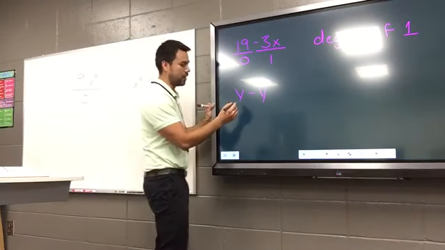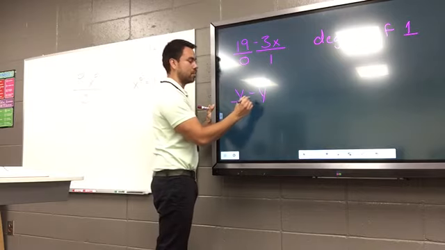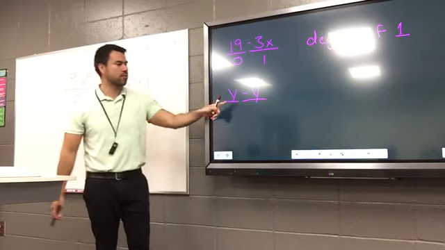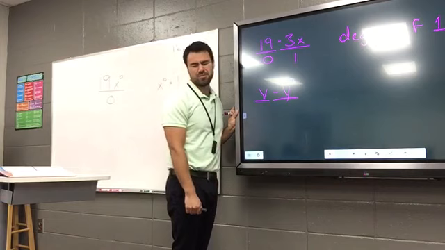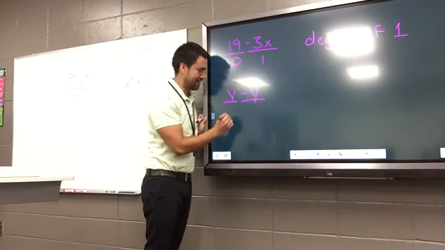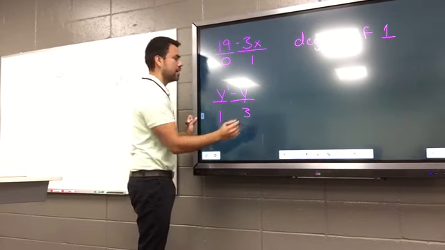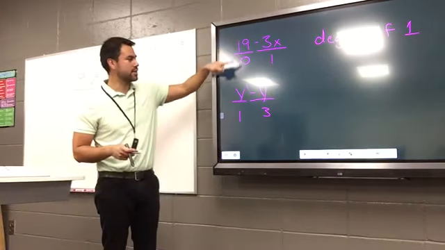All right, the second one right here. What kind of polynomial? Good, binomial. What's the degree of the first term? 1. There's a 1 right there. What's the degree of the second term? 3. Do you notice, guys, there's a difference between this and this?